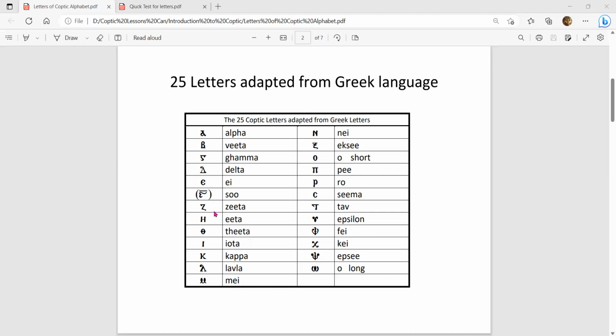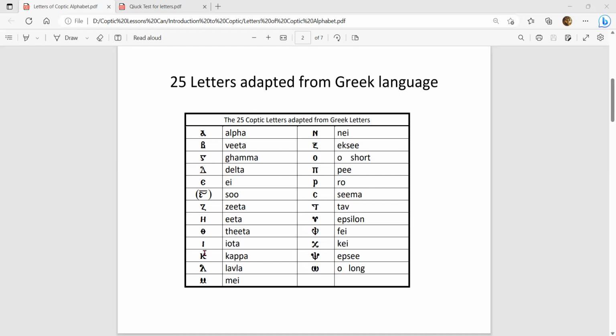So we continue. Then comes zeta, the letter zeta, as here. The next letter, which looks like an H, is not an H. It is an eta. The one after it is theta.